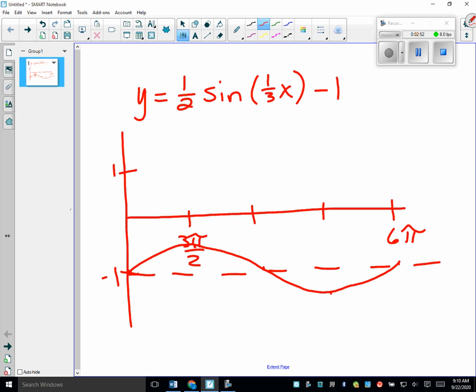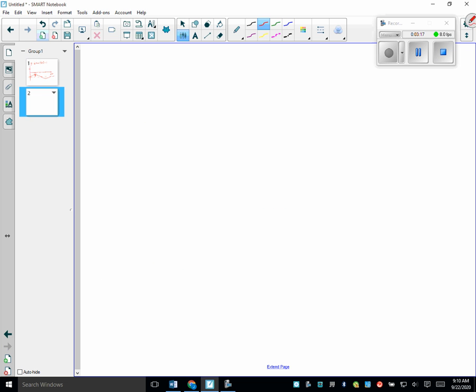So we've done a vertical shift, we've done a phase shift. Think we should do one that has both? Good idea. Have we done more sines or cosines?